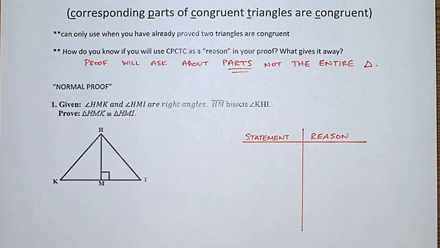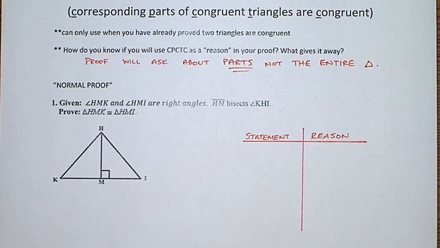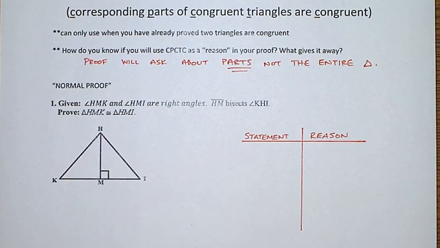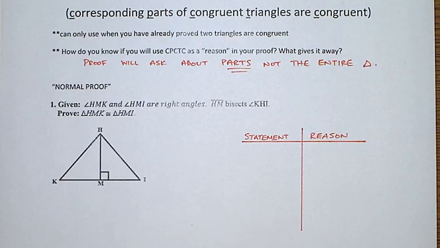Alright, so here we go, our normal proof in quotations. So normal proof, the given, it says that angle HMK and angle HMI are right angles. Okay, and then it says that HM bisects angle KHI. Alright, and now we want to prove that triangle HMK is congruent to triangle HMI.